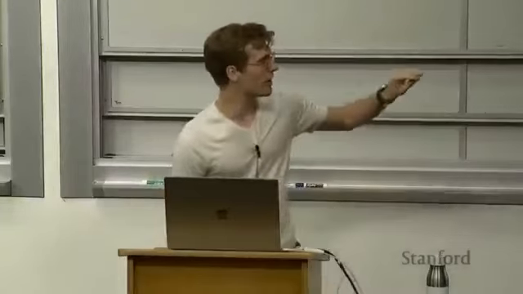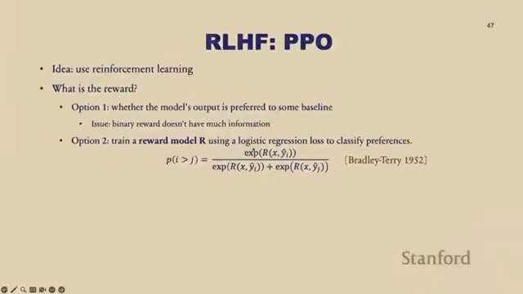This is a little bit meta, but what you basically do is take a reward model R, which is just a large classifier. You give it the input and the actual output, one of the two outputs, and you exponentiate that, so that's the softmax loss that you all know about. Then you divide by the exponentiated reward on the first output plus the exponentiated reward on the second output.